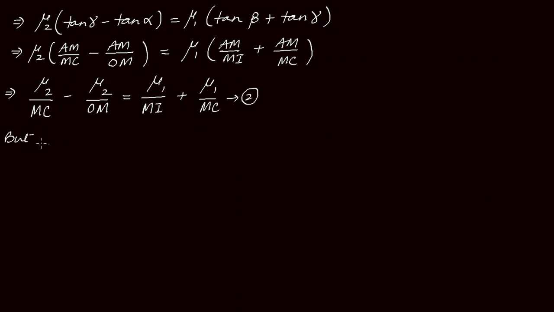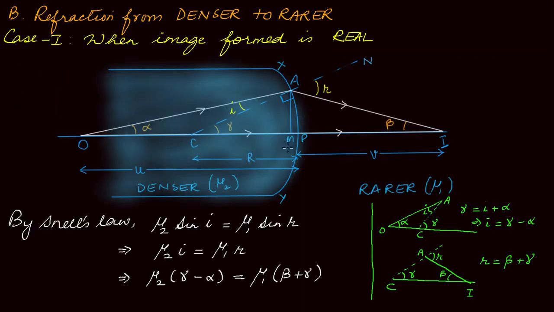But if you look at the diagram, what is MC? MC is nearly equal to PC, and that is equal to minus R. Why minus? Because it is on the left side.